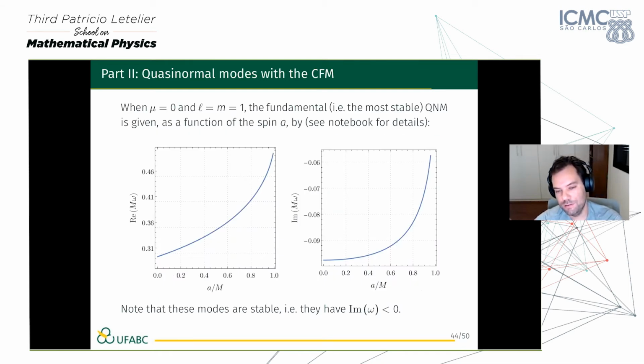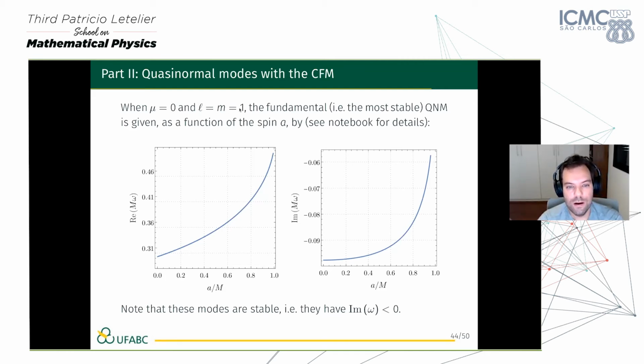Here, I'm also going to show you the notebook in a second, but what I'm doing here is finding the eigenvalues. Just for simplicity again, I'm assuming that the scalar field has 0 mass, but you could do the same without this assumption.